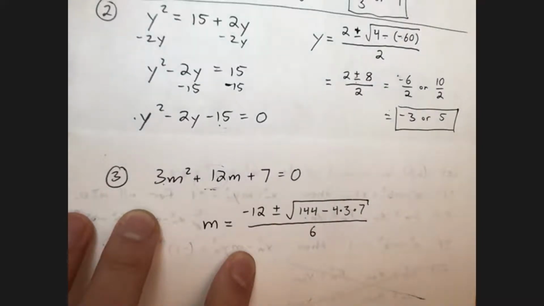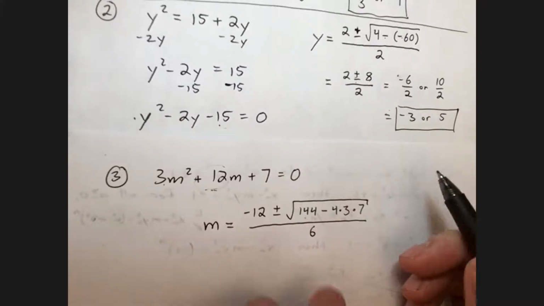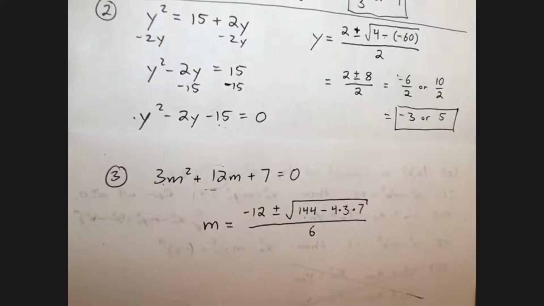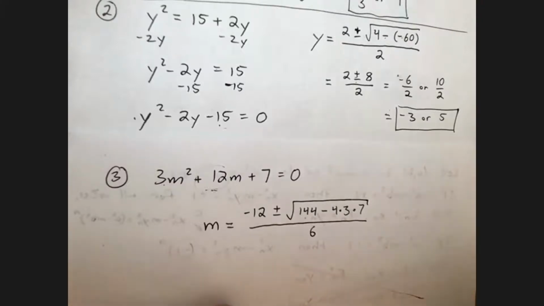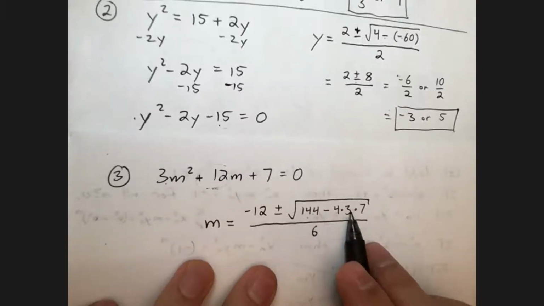Okay. All right, well, yeah, what is 4 times 3 times 7? Well, that's 12 times 7. That's 84, right? 12 times 7, 84. So 144 minus 84 is 60.